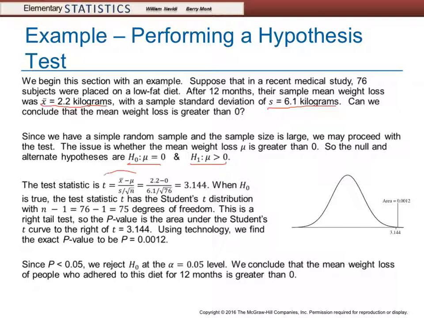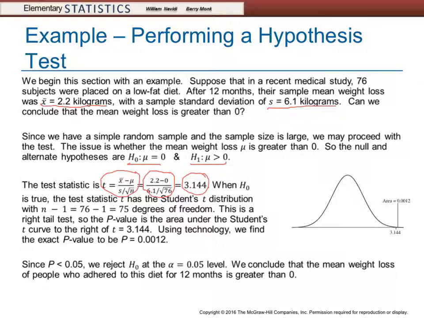Again, the test statistic is t, and when we put in the information from our example, we find a t value of 3.144 when H naught is true. The test statistic t has a student t distribution with 56 degrees of freedom.